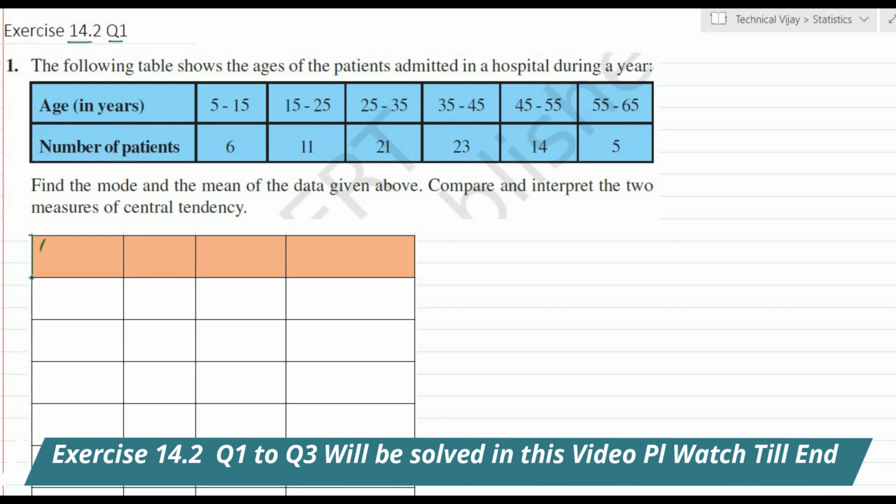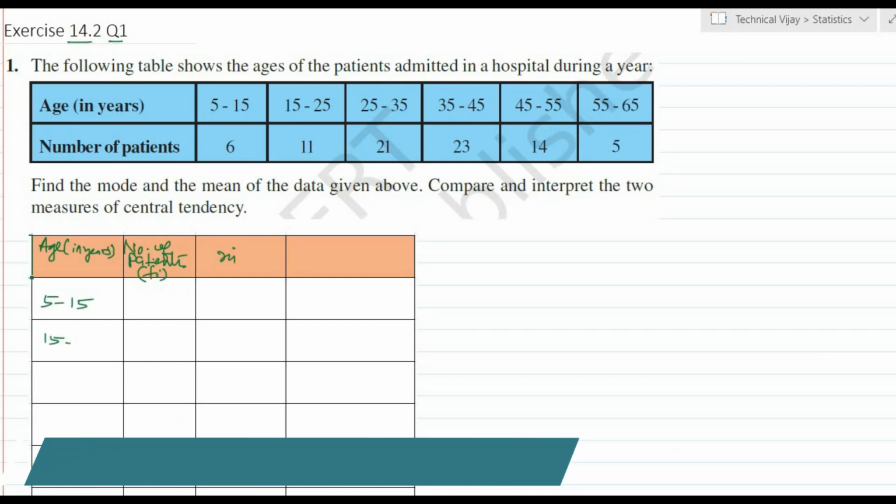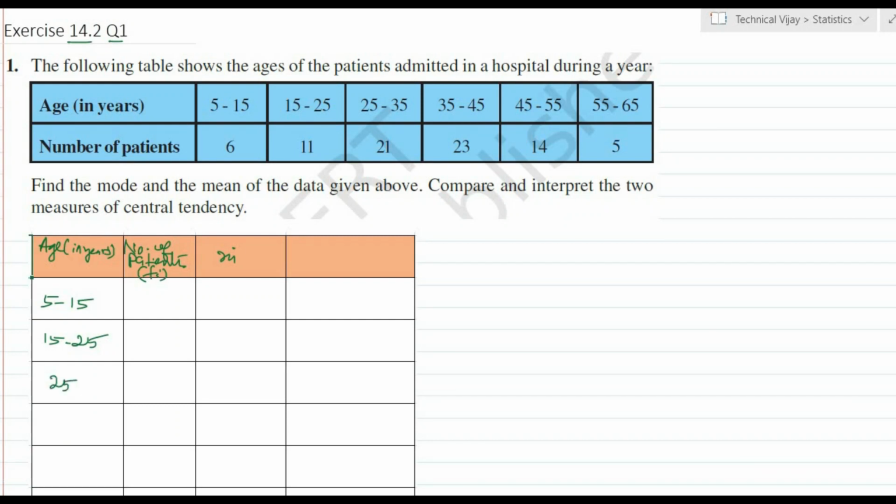Now I will write here age in years, whatever he has given, and number of patients. This is equal to Fi. Here I will write Xi afterwards. First I will write 5 to 15, 15 to 25, 25 to 35, 35 to 45, 45 to 55, 55 to 65.